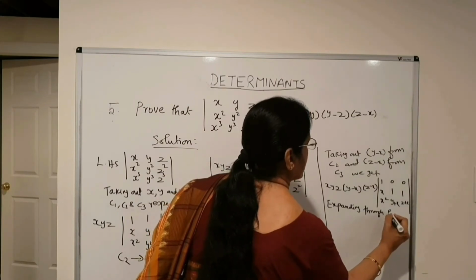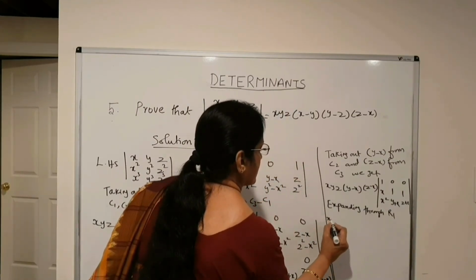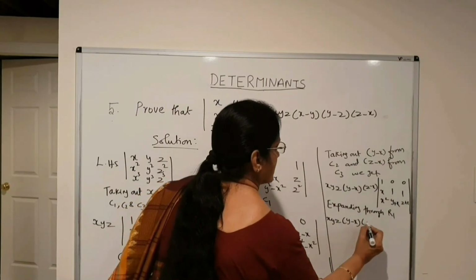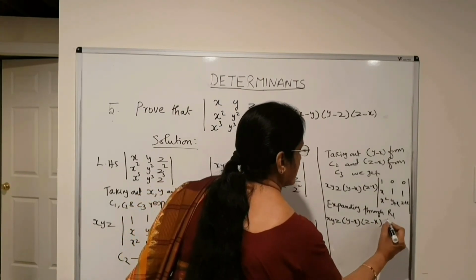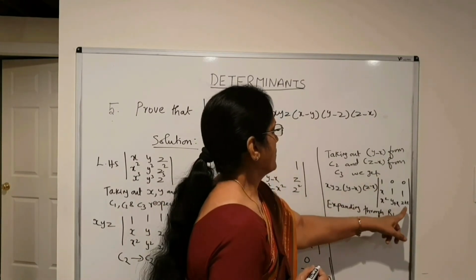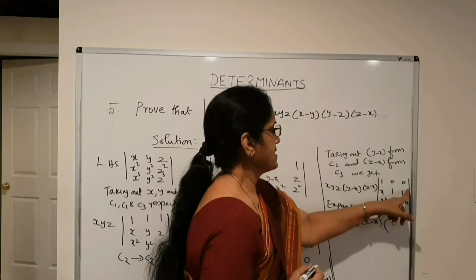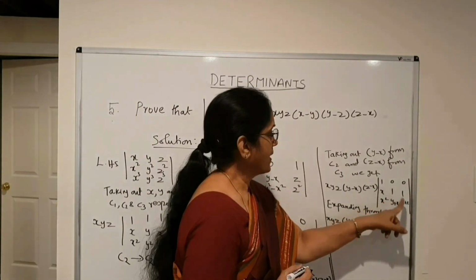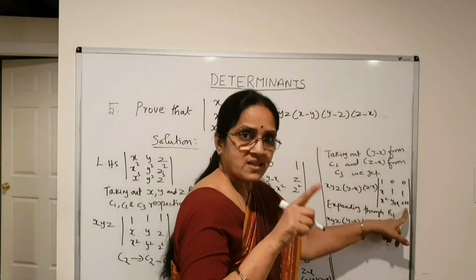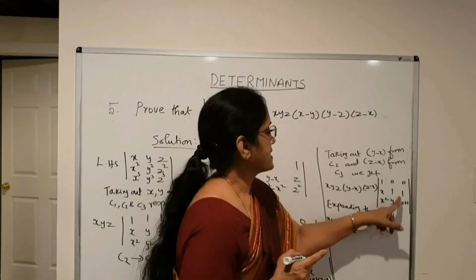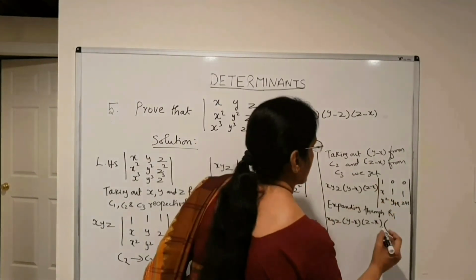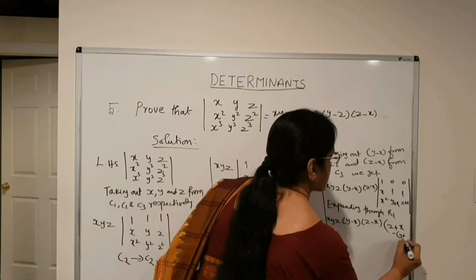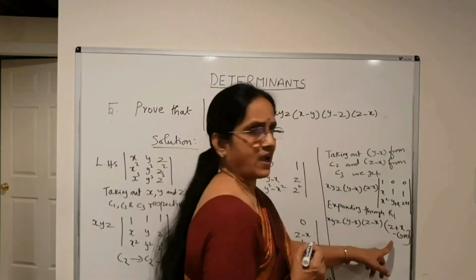Through R1, what do you get? x, y, z into y minus x into z minus x into 1 into z plus x minus of y plus x. That is the product of 1 and z plus x minus the product of y plus x into 1. So I will be having z plus x minus of y plus x. This is what I will get.